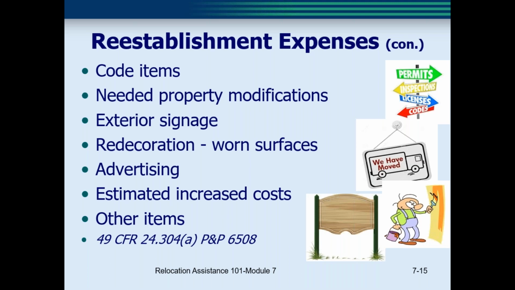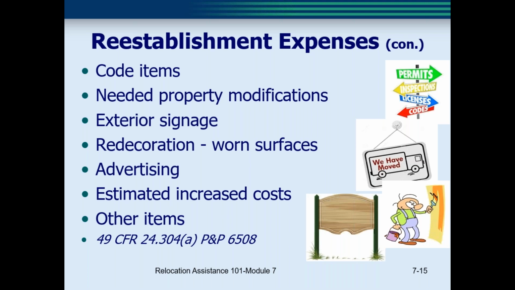The next category allows modifications to make the replacement structure suitable for conducting business, such as installing office walls or partitions. They may need special lighting depending on the type of business, maybe they detail cars. The business owner can construct or install a new sign to advertise the business at the replacement site.